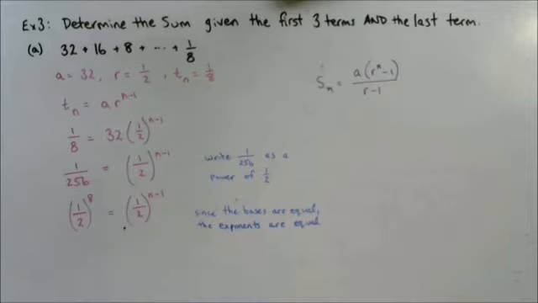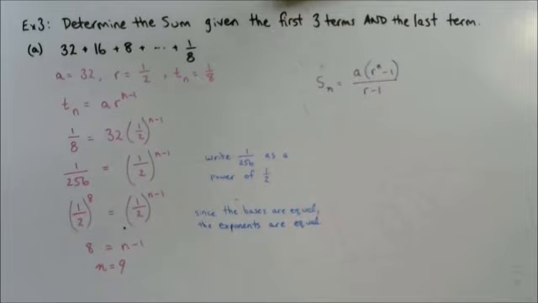There's no other way to make it. If you've got the same base and they're equal, they must have the same exponent. So we can drop the bases altogether and say 8 equals n minus 1. Then we can add 1 to both sides. We end up finding out that there are 9 terms in this sequence.